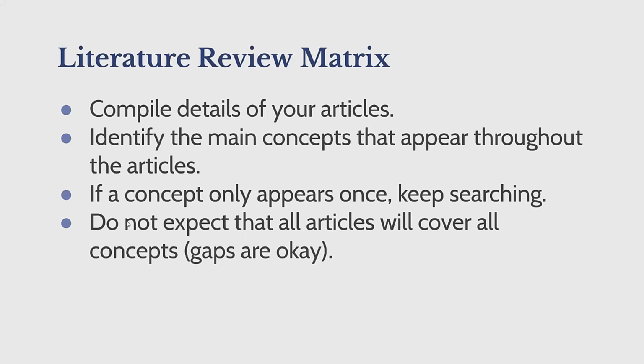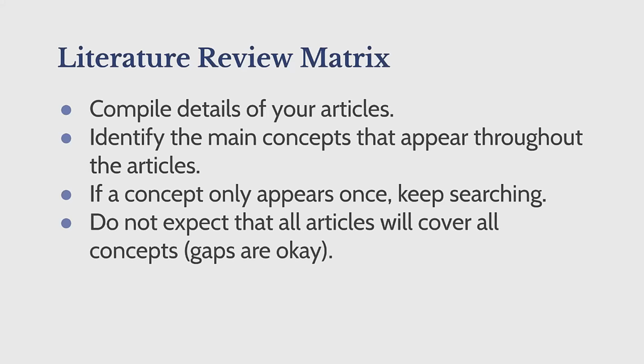The nice thing about that literature review matrix is it compiles details of your articles and has a nice table for you to write about the main concepts that appear in these articles. If a concept only appears once, keep searching, right? Never stop searching. Well, eventually you will. Don't expect that all articles will cover all of the concepts you're looking at.